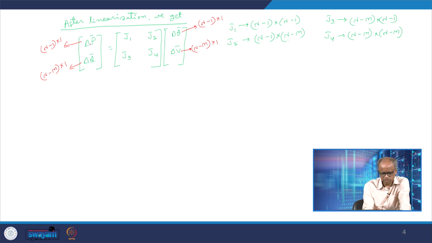J1 connects delta P with delta theta, so it has to be n minus 1 cross n minus 1. J2 connects delta P with delta V, so it has to be n minus 1 cross n minus m, and so on and so forth.